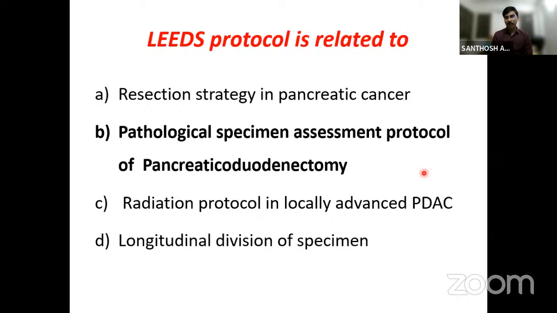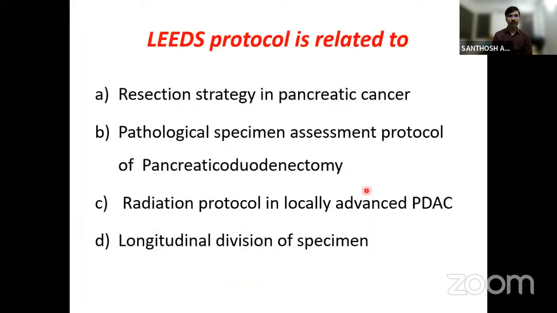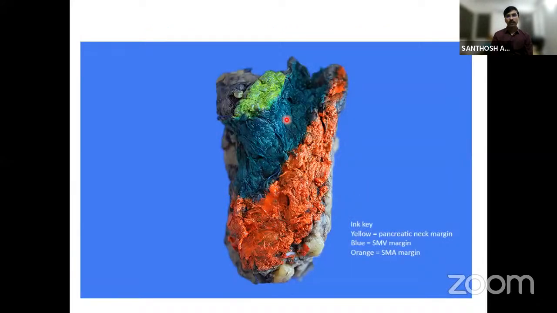So the SMV is usually to the right of the SMA. It will be here, but we have rotated it or reflected it towards the left. The SMV is usually bigger than the SMA. It is not anterior, it will be to the right, but we have extensively mobilized and reflected it towards the left. Okay. So in the Leach protocol, usually after resection, this is the medial margin on the posterior margin, which needs to be painted.